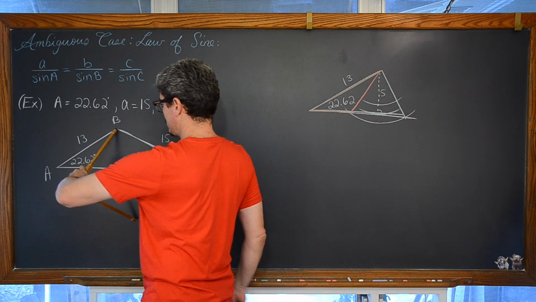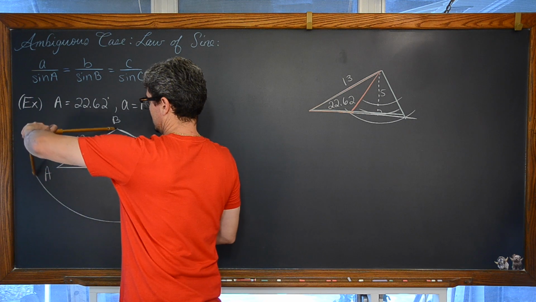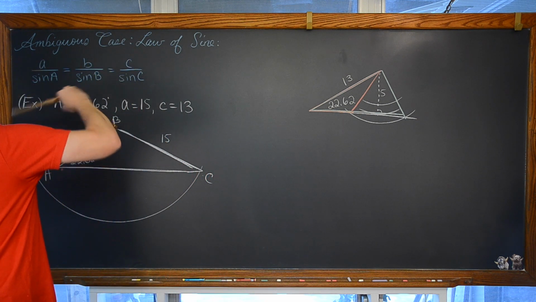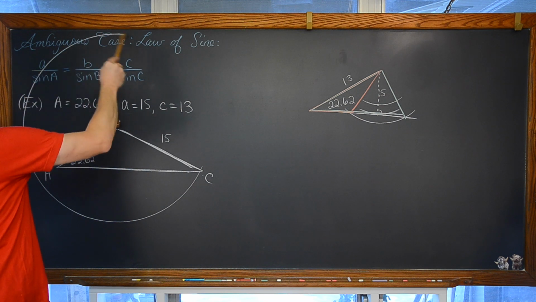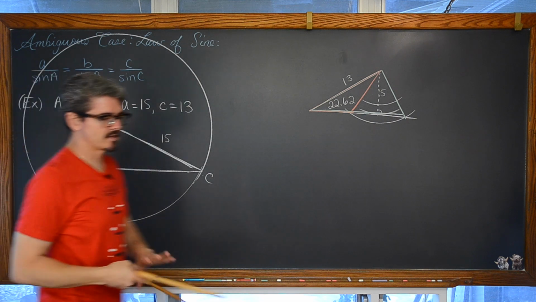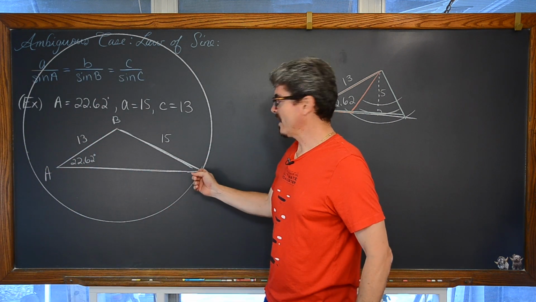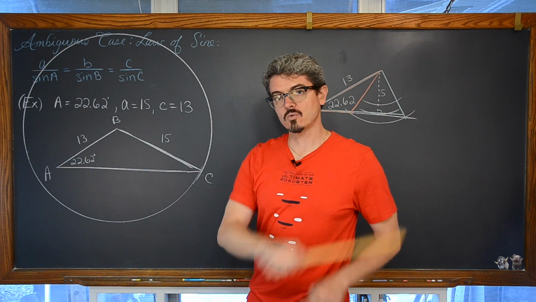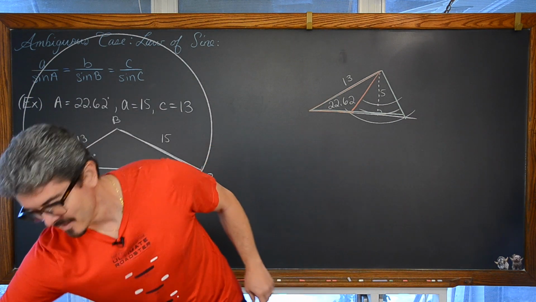Well, are you ever going to intersect this line again? Nope. It's just going to swing all the way around, and the next time this side, which has a length of 15, hits the base of this triangle, it's going to be right back over here. So when the side opposite a given angle is longer than the adjacent side, there is only one triangle.